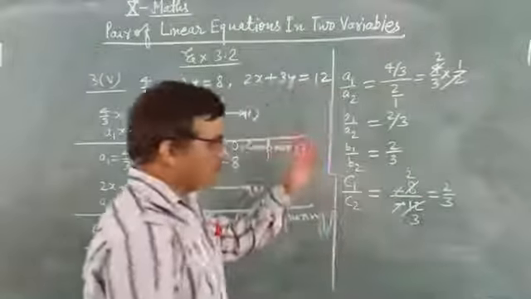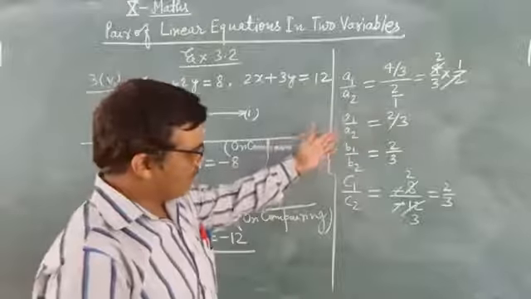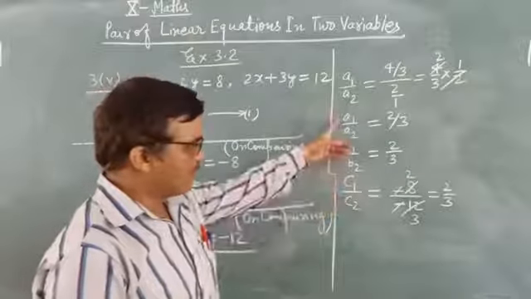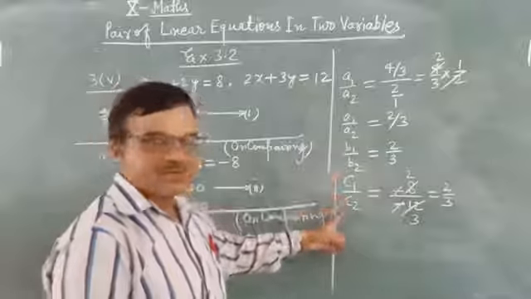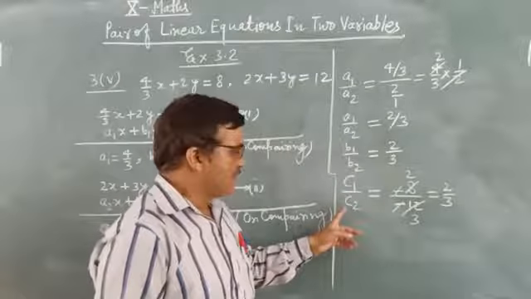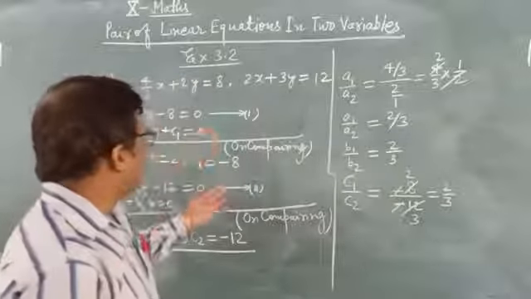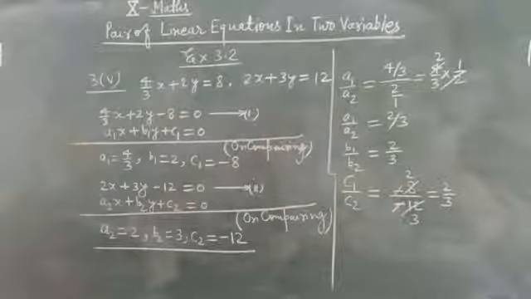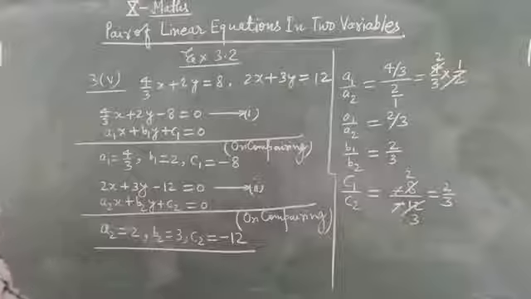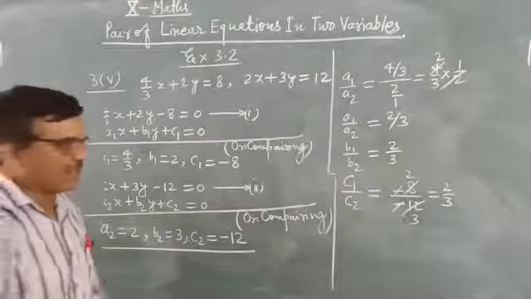It is clear from the ratios that a1 upon a2 equal to b1 upon b2 equal to c1 upon c2. Each ratio is equal to 2 by 3. Therefore, the given pair of linear equations gives infinitely many solutions. Hence, it is consistent.